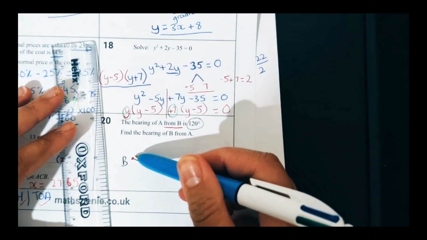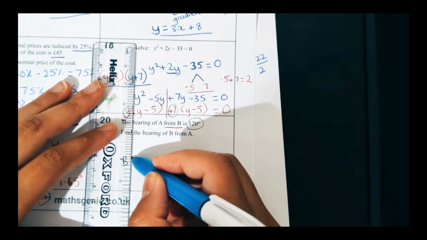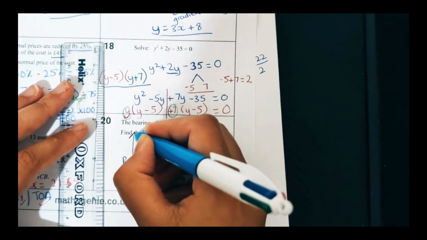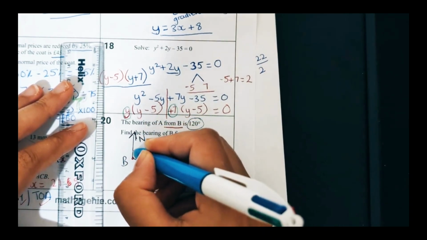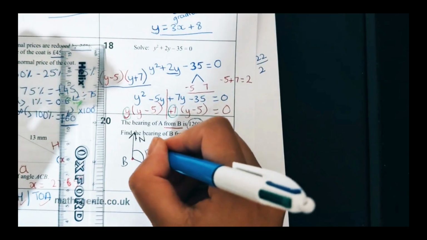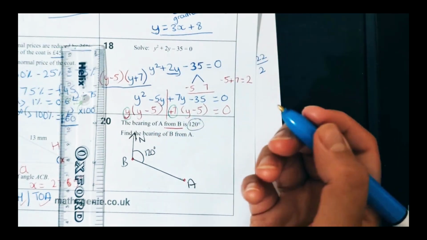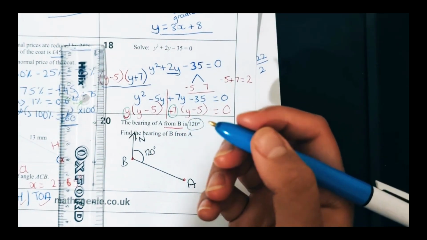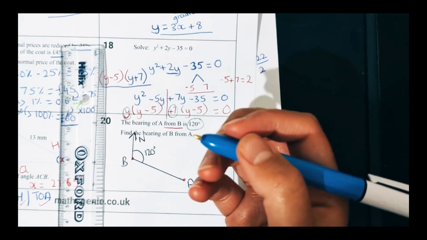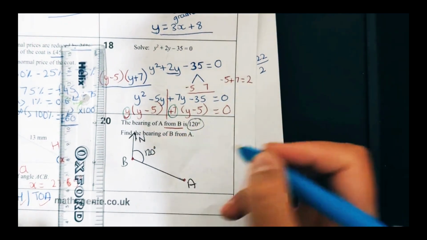And because it said it's from B, that means the north line is going to be here, from B. I'm going to label that north. And therefore, this becomes an obtuse angle. So it's more realistic now, although it's not drawn to scale. Okay, so it's 120 degrees.